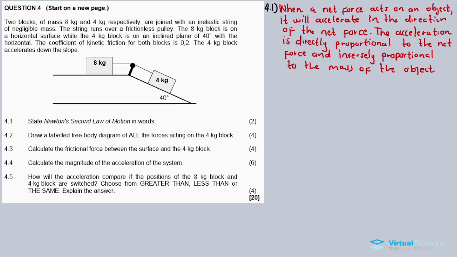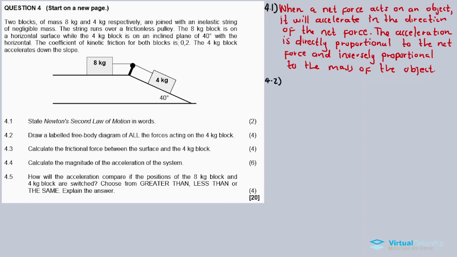So 4.2, draw a free body diagram of all the forces acting on the 4 kilogram block. So we will have 4 forces, right?